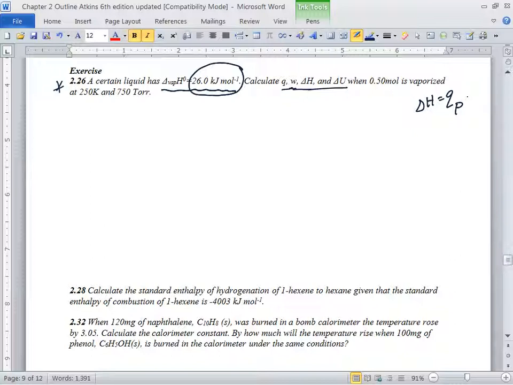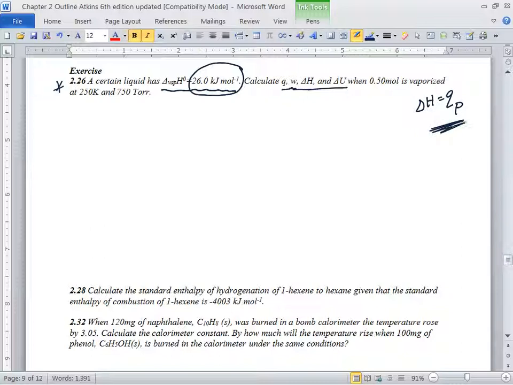So as this thing is vaporizing, is the pressure constant when you vaporize something? Yeah, the pressure is always what you're working against. The atmospheric pressure, the external pressure, it's constant. So your delta H here is the same as your Q, right?